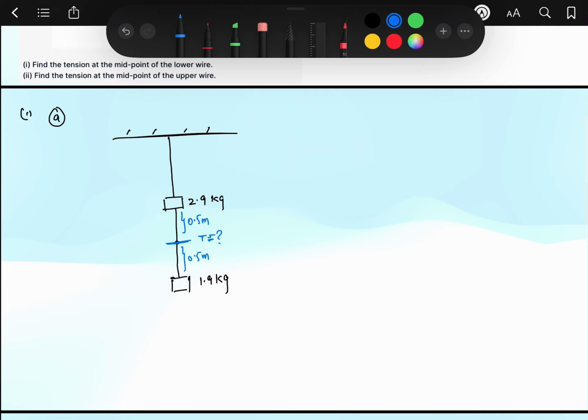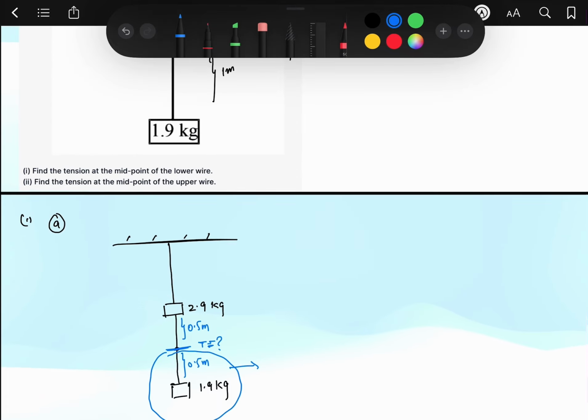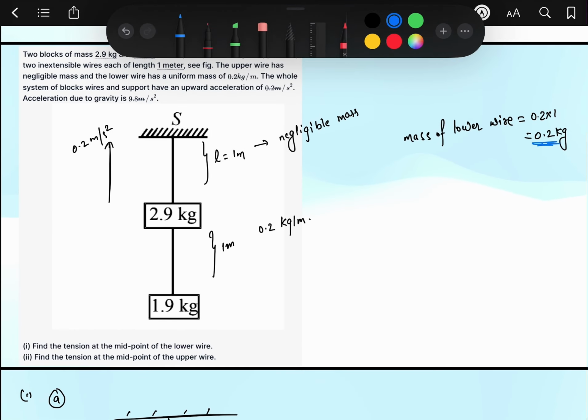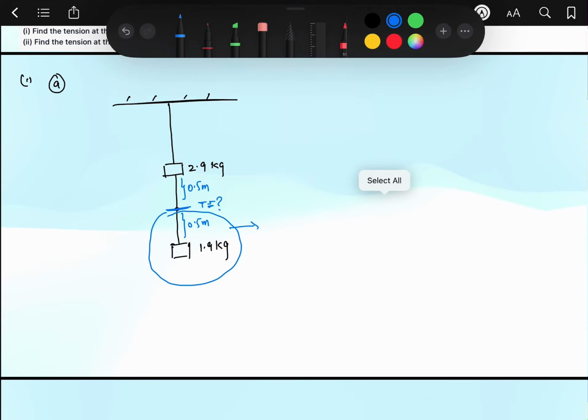So if I draw the free body diagram of this lower part only, then what will be the mass of this lower part? The mass of half of this wire. The mass of the full string was 0.2 kg, so half of the wire will be 0.1 kg.